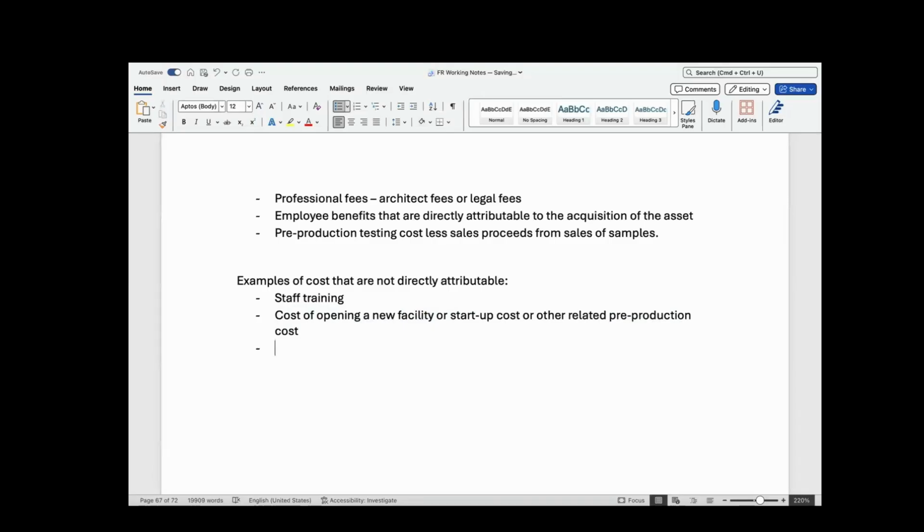Or the costs of introducing a new product to the market. Probably you have produced, you are now incurring some costs to get the product to the market. And I mean, like advertisements and promotion, you don't capitalize those ones, you expense.